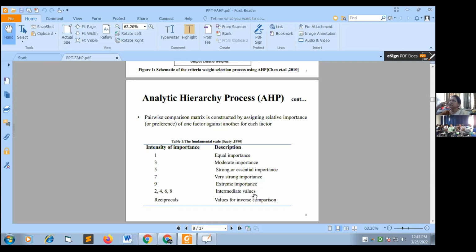We can also take intermediate values between them: 2, 4, 6, 8.